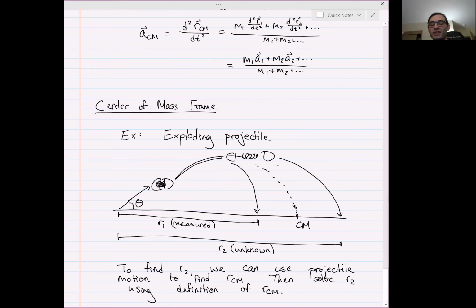And so because the center of mass is not changing positions horizontally, you know that the center of mass is not affected by the separation event. And so you could use projectile motion to solve for where the center of mass would have been if there was no separation. And then because there's no external forces on this projectile in the horizontal direction, the center of mass of the two separated things will be in the same place.